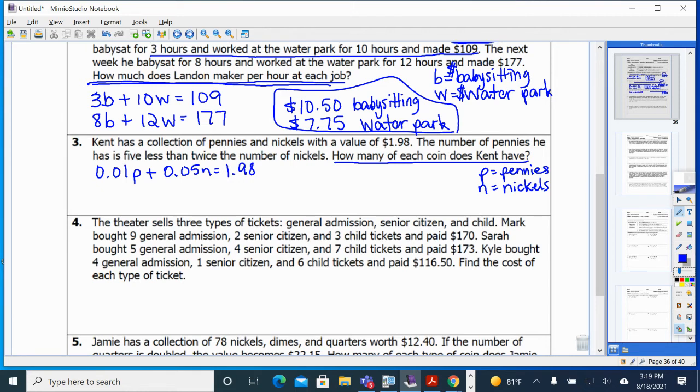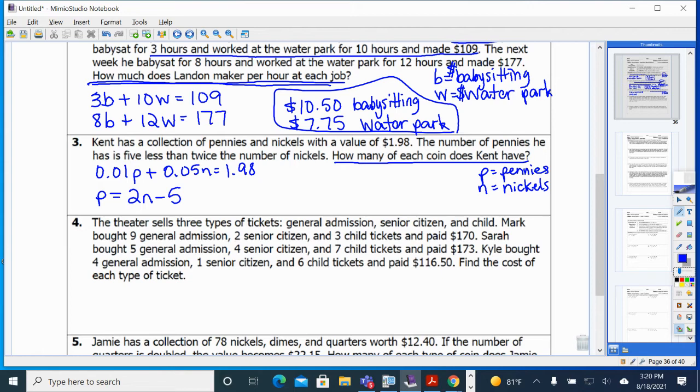The second equation, the number of pennies he has is 5 less than twice the number of nickels. That's a write it as you read it statement. We write that P equals 2n minus 5. Now, if I'm going to continue to use polysimult here, which is fine, we need to make sure that the second equation looks like the first equation.